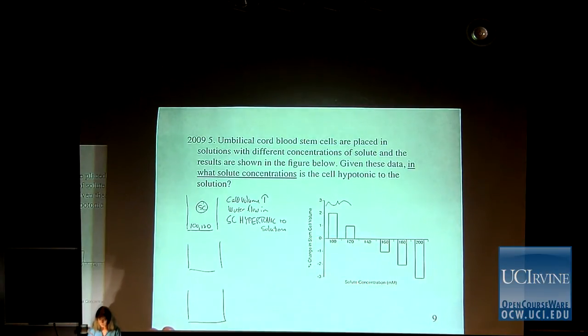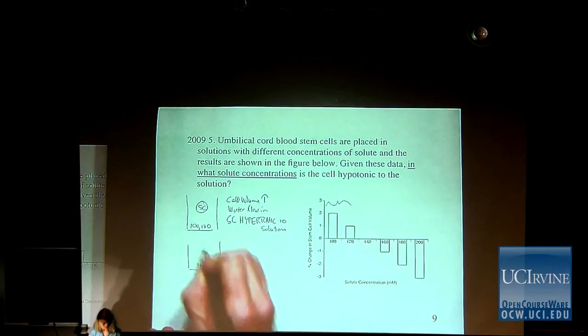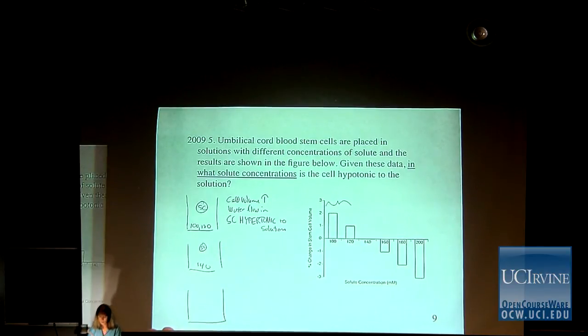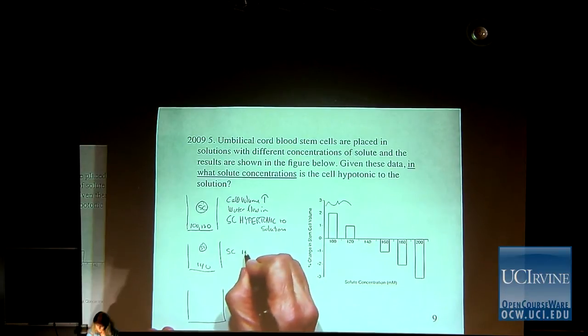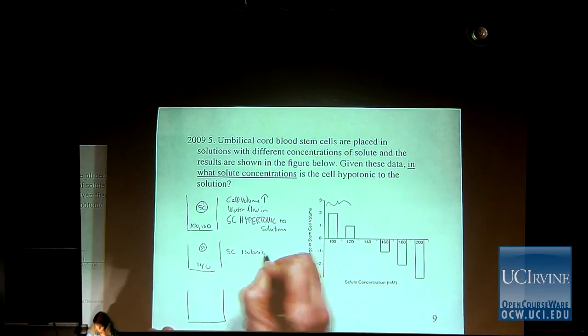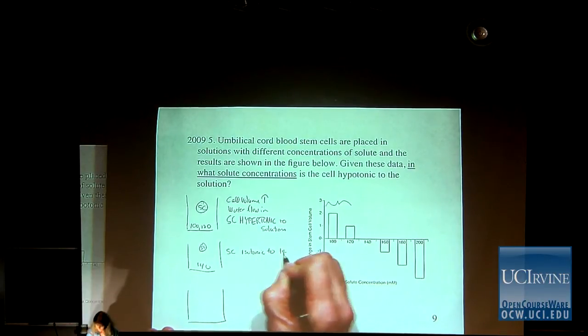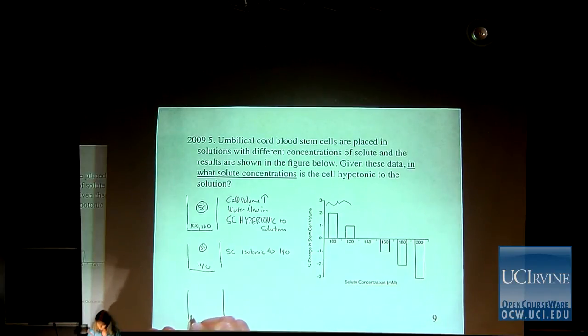Okay. So now in this one, 140, we have our stem cell. It's not changing in size, so isotonic, right? So the stem cell is isotonic to 140. Okay, and in this one we have 160, 180, 200. Our stem cell gets smaller. So which direction does water flow?